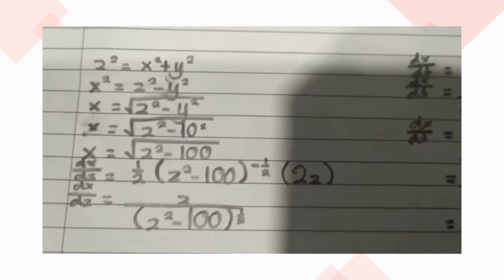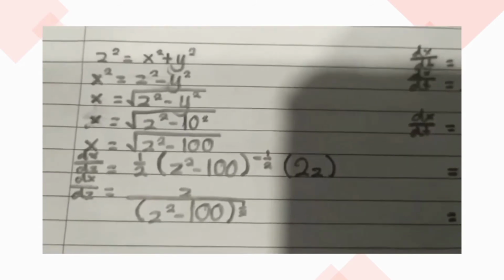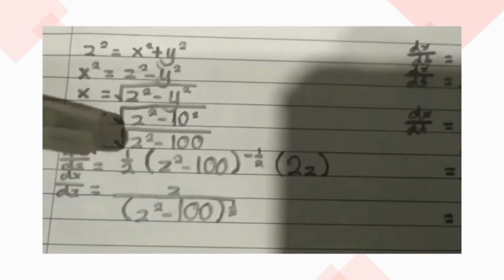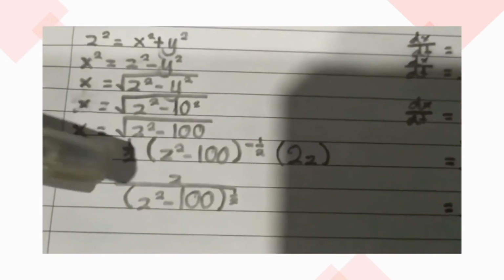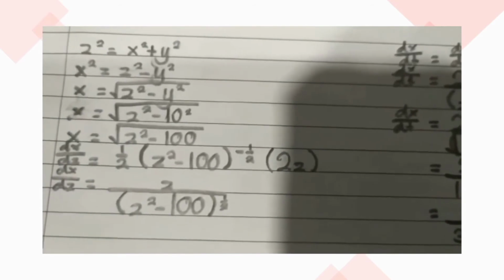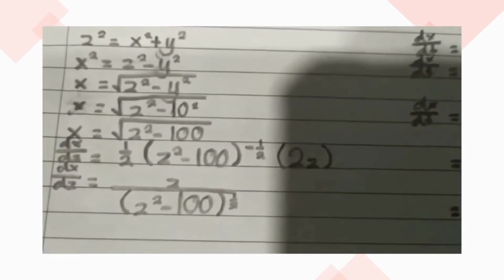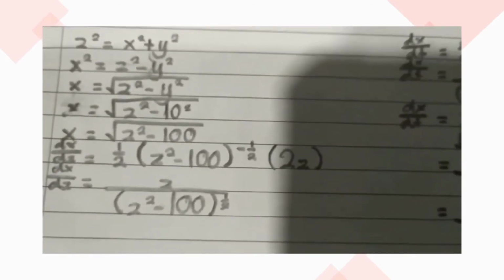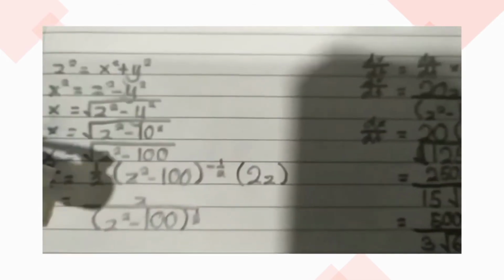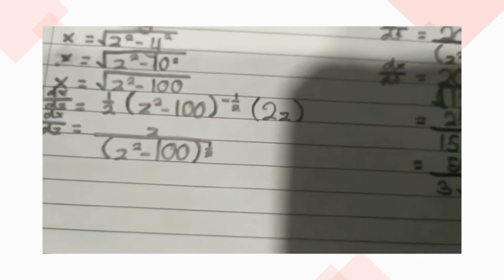So we know that y equals 10 meters. So we can replace y with 10 meters, and we get z squared minus 100, all to the power of 1 over 2. Next, since we know that, we just differentiate it like normal.